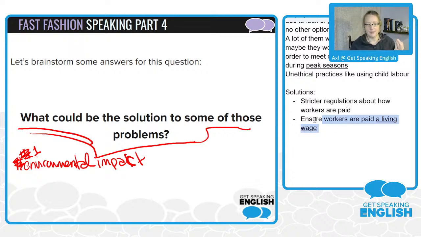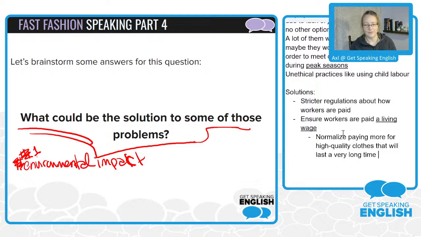That could be tricky because obviously the price of clothes might increase, right? But you would always have to maybe normalize paying more for high quality clothes that will last a very long time, right?